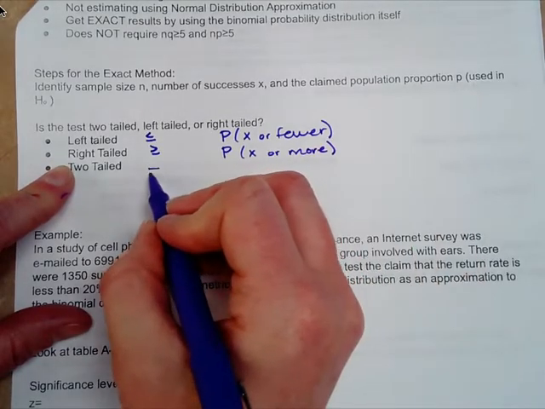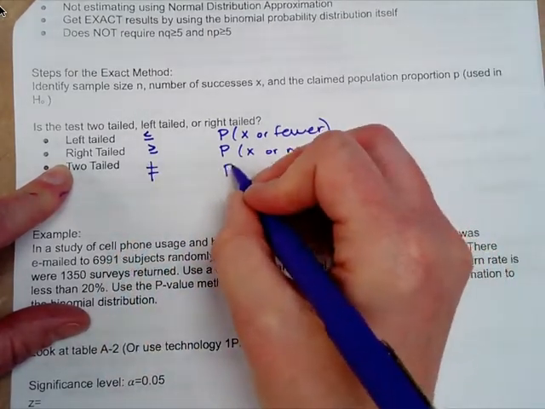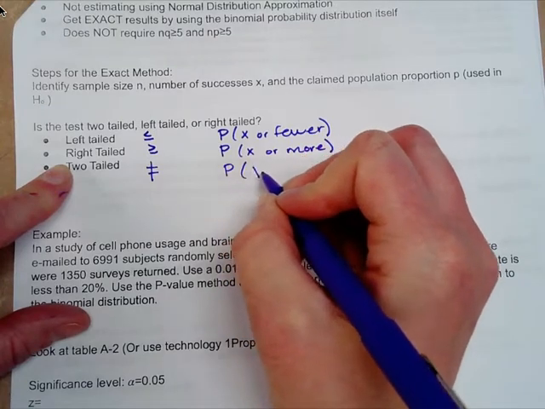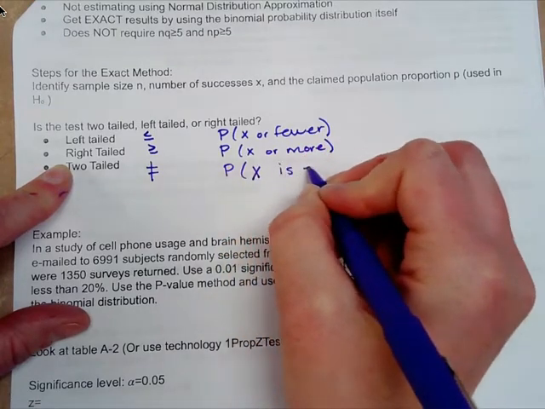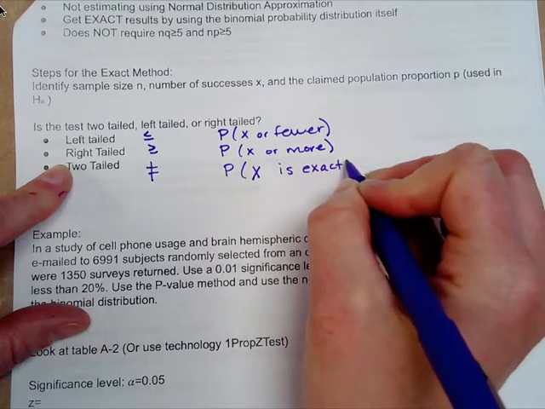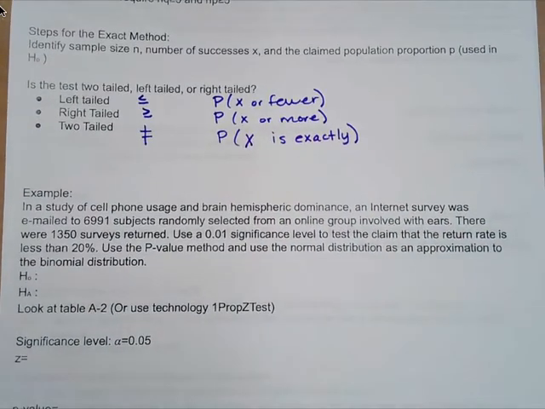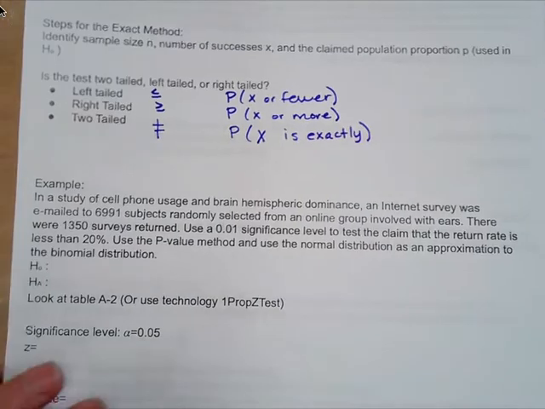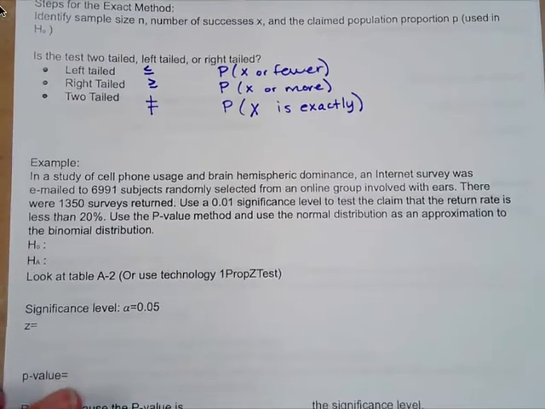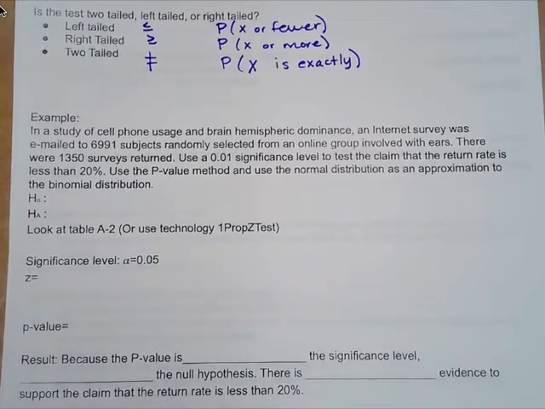And then two-tail has a not equal to. You're looking at the probability that x is exactly. So go ahead and read the next example.